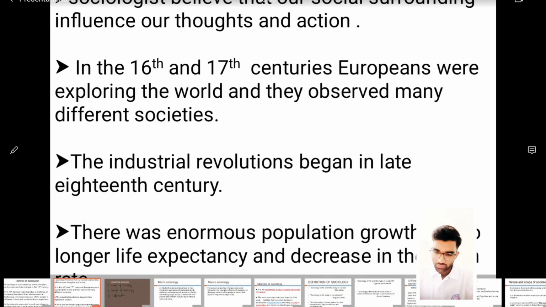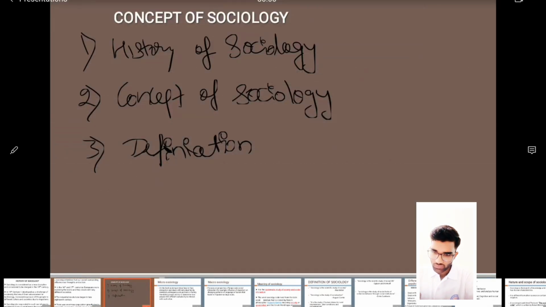Next, coming to the concept of sociology, there is microsociology.